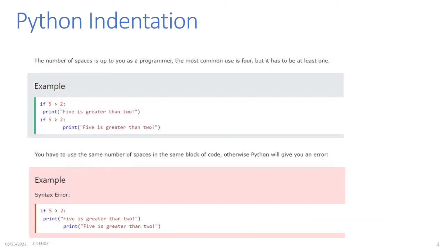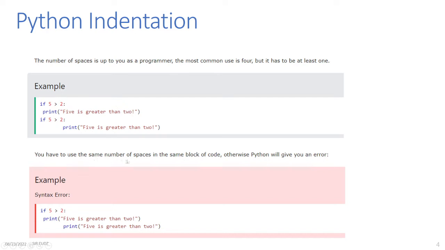The number of spaces is up to you as a programmer. The most common use is 4, but it has to be at least 1. So here I think there is 1 space, and here more than 1, 2, 3, 4. So quite a number of spaces here, but both of these will work. You have to use the same number of spaces in the same block of code. So take note of that.